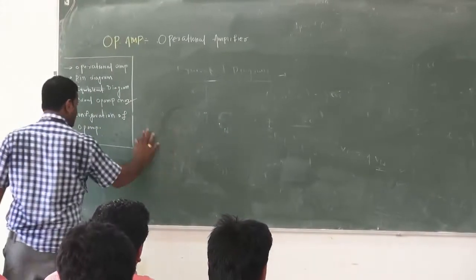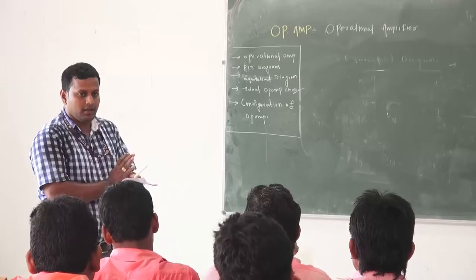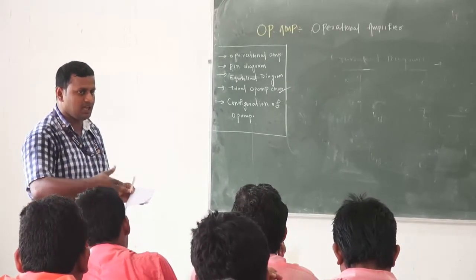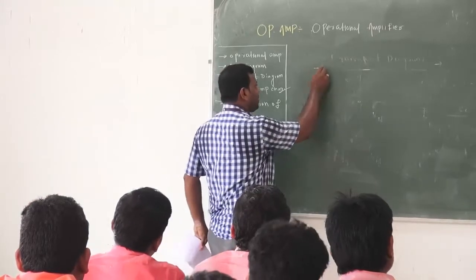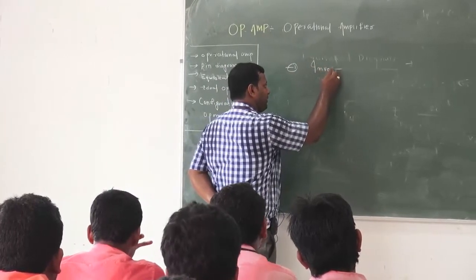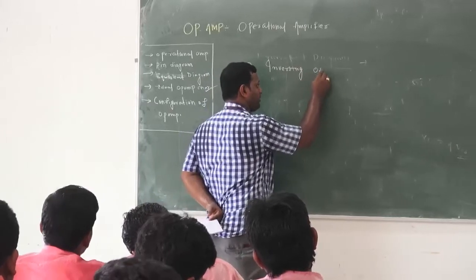Then in configuration, I have always taken negative feedback and a closed loop system, not an open loop system. So in the configuration, the first one is the inverting amplifier, op-amp.